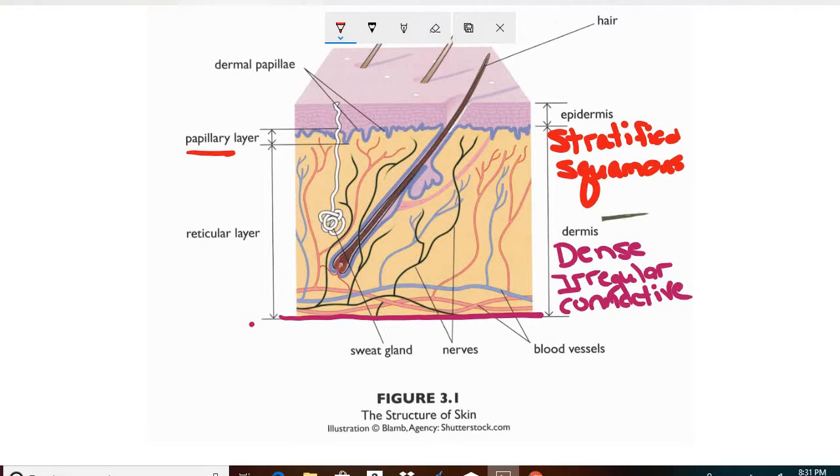So the dermis is made up of two layers. There's a very thin layer at the top called the papillary layer. And then the larger layer is called the reticular layer.